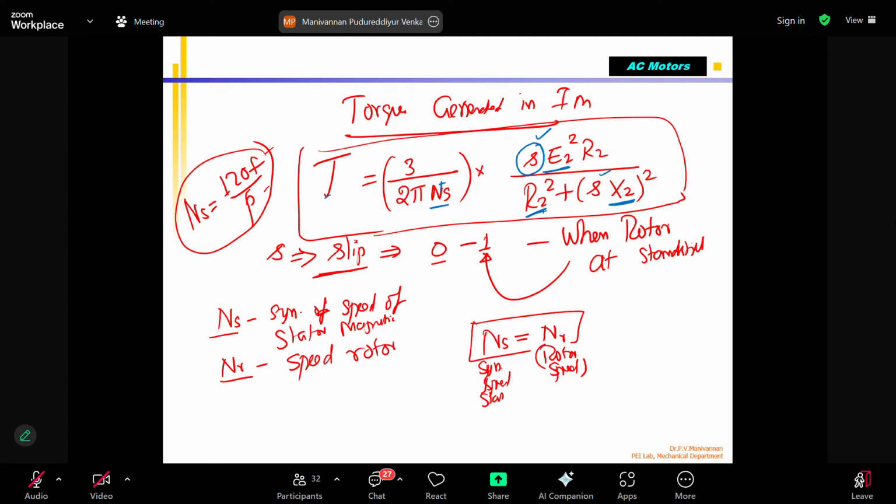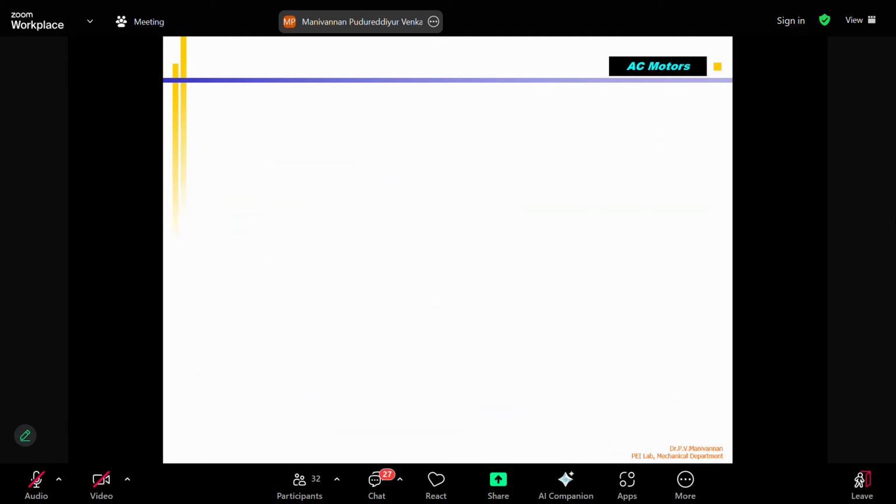Sure, sir. Okay. So now we have seen this, but next I wanted to talk about the induction motor, the electric motor specifically. We are talking about the equivalent circuit of the induction motor. How do you arrive at the torque?